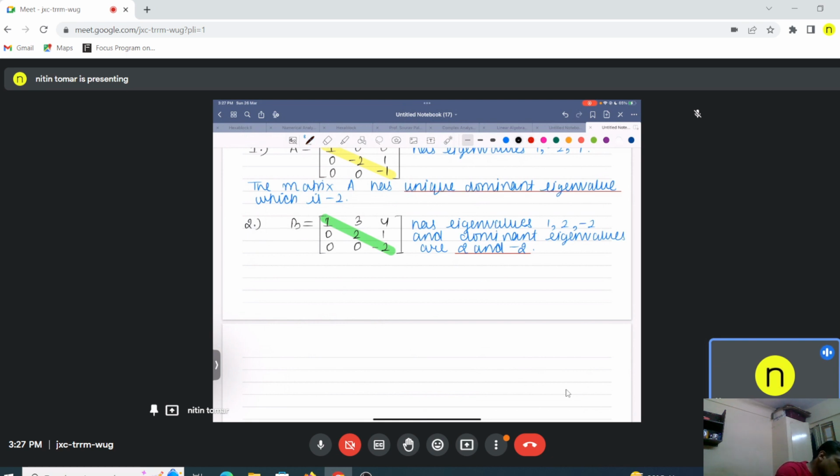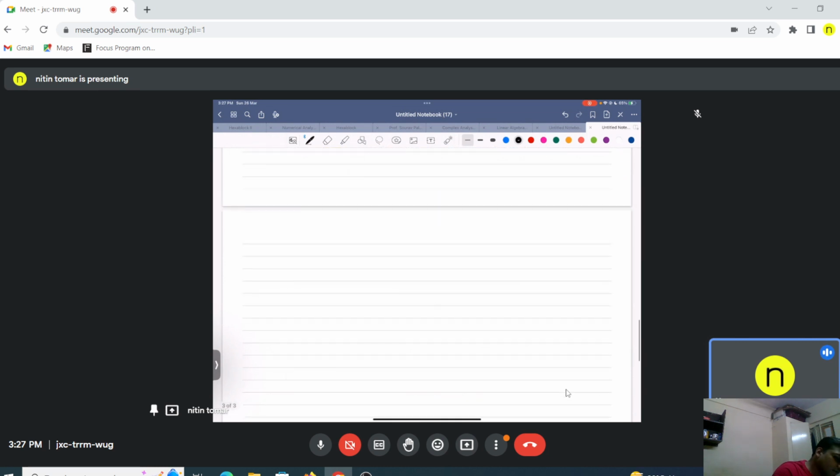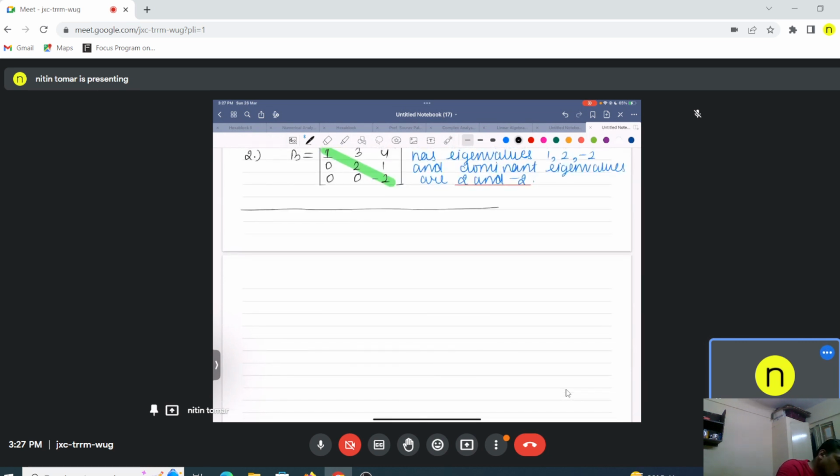Now in the third case, yeah, so now let us move towards the power method.